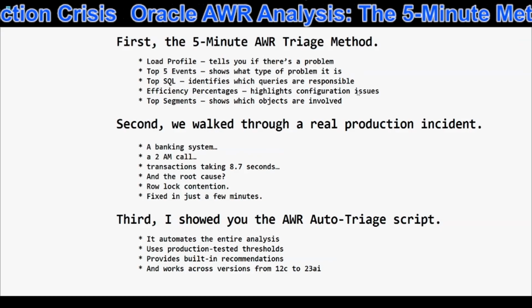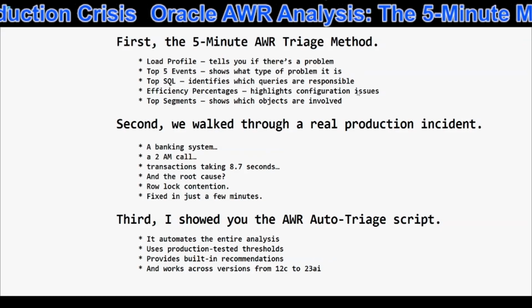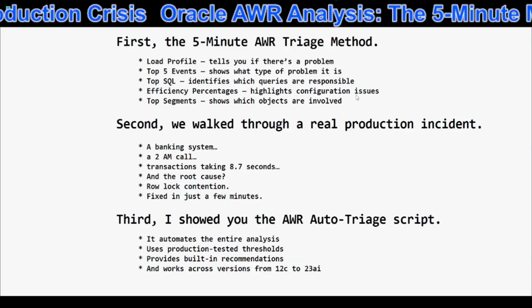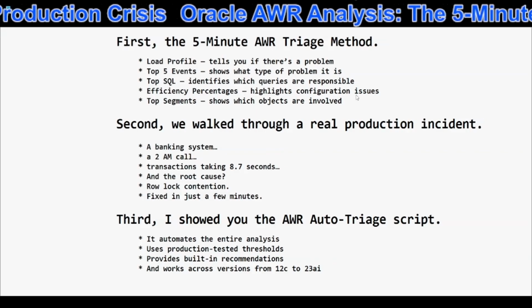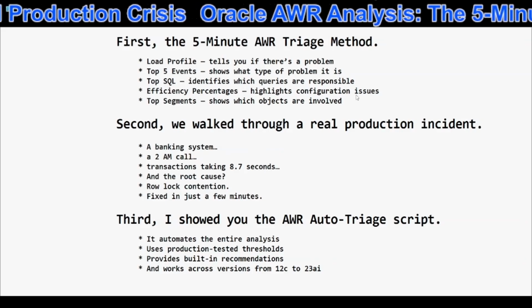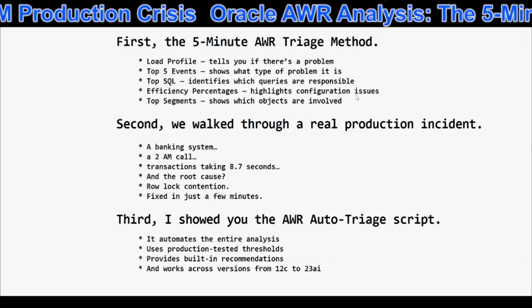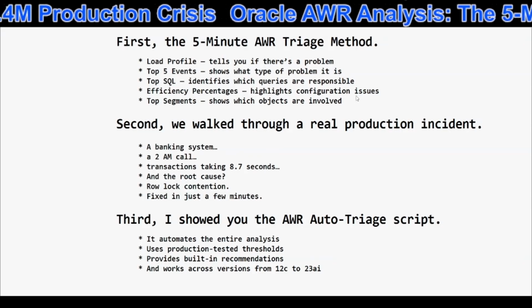Second, we walked through a real production incident, a banking system, a 2 a.m. call, transaction taking 8.7 seconds, and the root cause, row lock contention, fixed in just a few minutes.